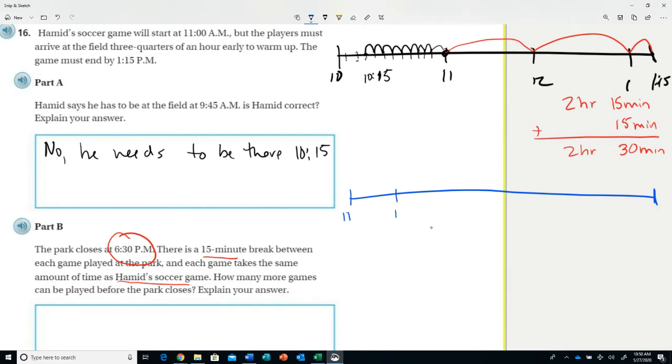I'm going to have to kind of make it small. 12, 1, 2, 3, 4, 5, 6, and we'll leave a little bit more for 6:30. So I know that Hamad's game is going to go to 1:15, which is going to be 5, 10, 1:15. And this is 2 hours, 15 minutes.